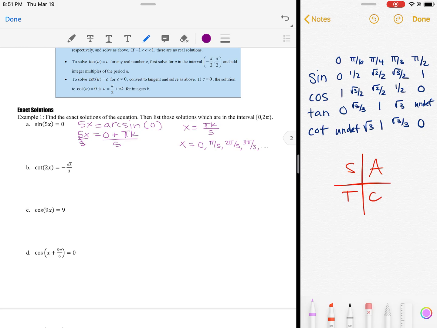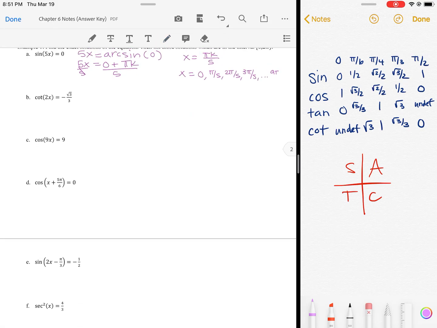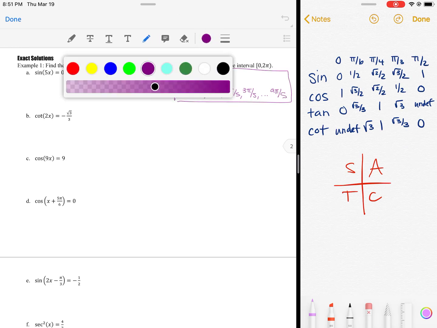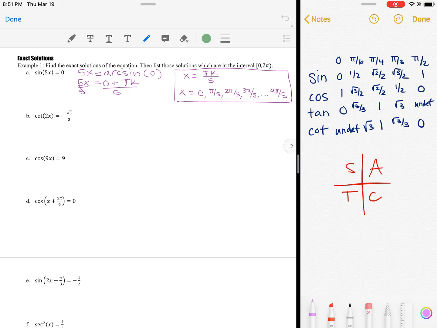And we keep going until we get really close to 2 pi. 2 pi would be 10 pi fifths, but we never actually reach 2 pi, because that has a parenthesis, so we don't include it. So the last one is 9 pi fifths. So our exact answer is the one on the top, and the one below is all the answers in the interval 0 to 2 pi.